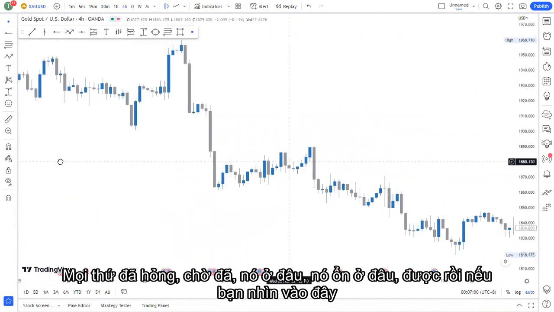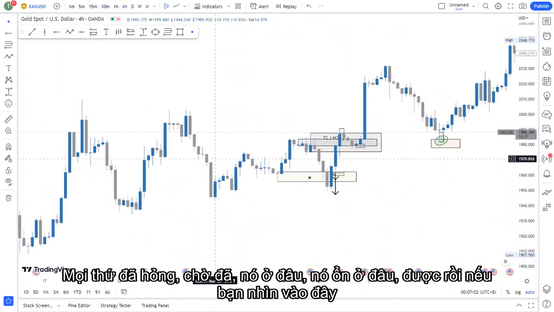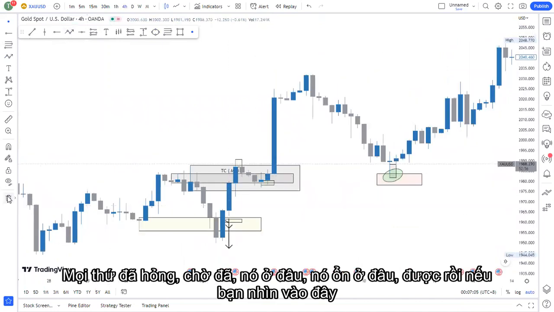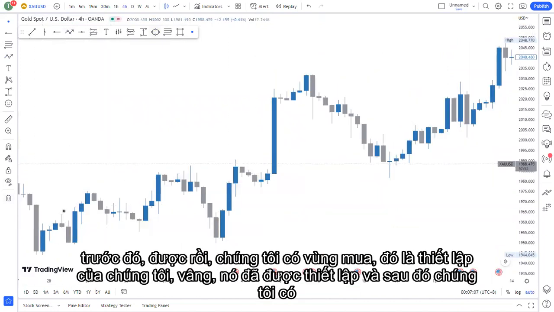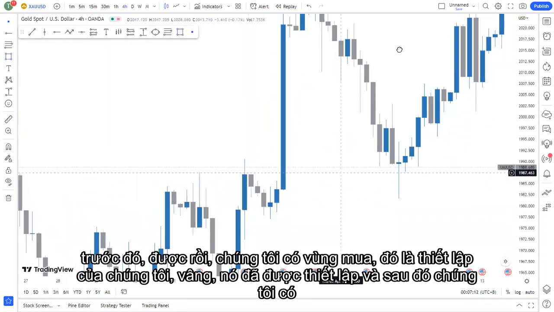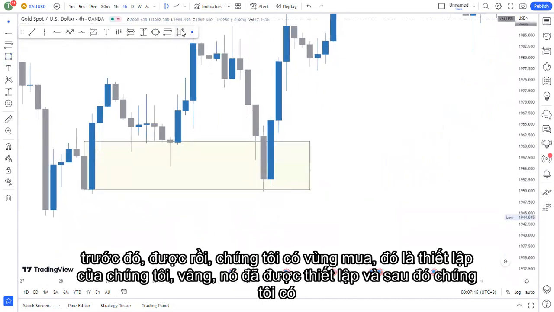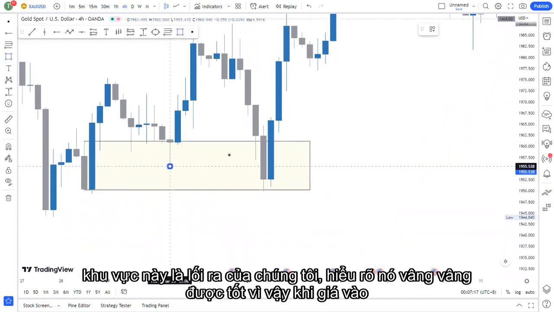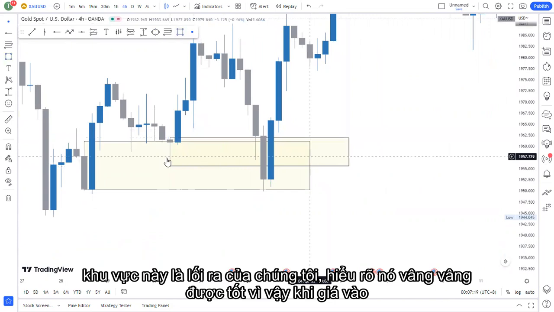Wait, where is it? Okay, this. And if you look here before this, we have the buy zone, which is our setup, right? And then we have this zone, which is our exit. Understand it? Good.